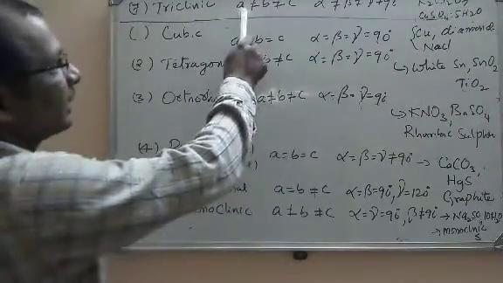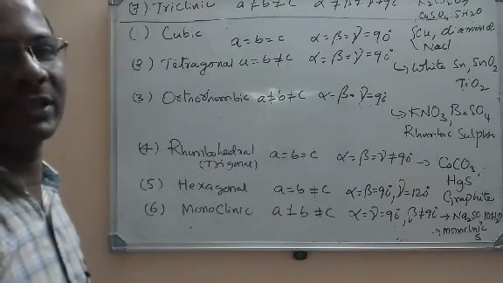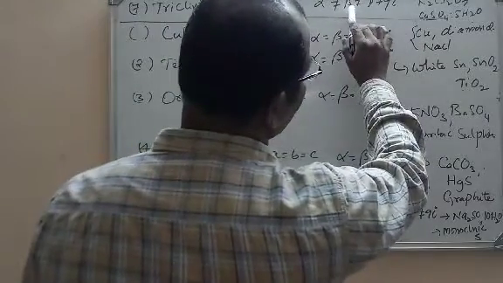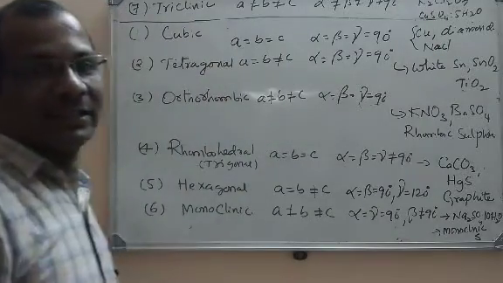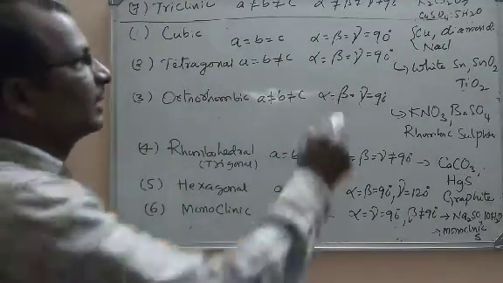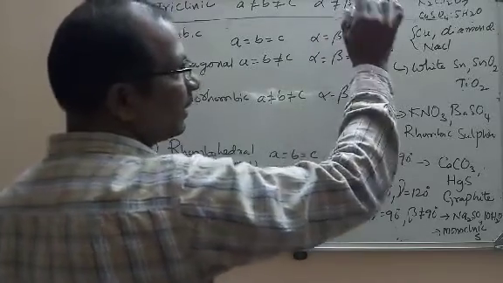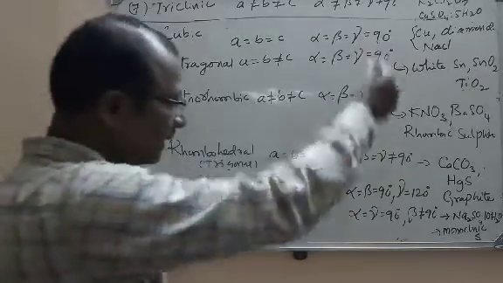Look here in triclinic, all the 3 edge lengths are different and all the 3 angles are different from one another and from 90 degrees. So this is a triclinic system.